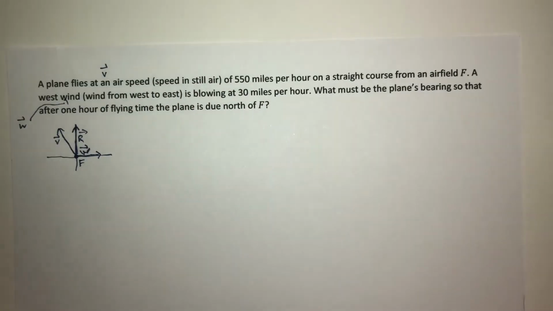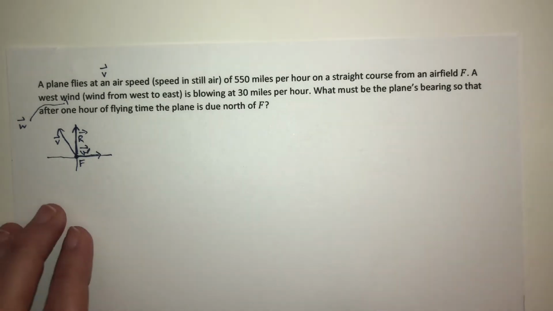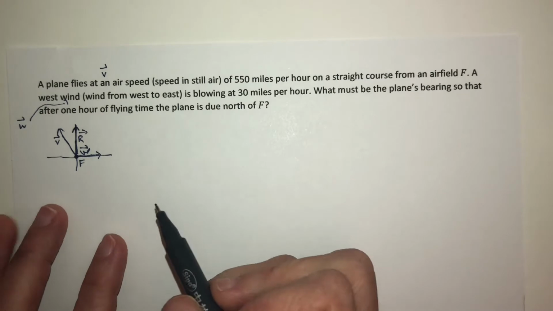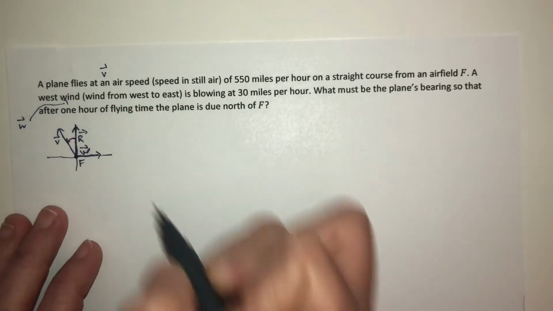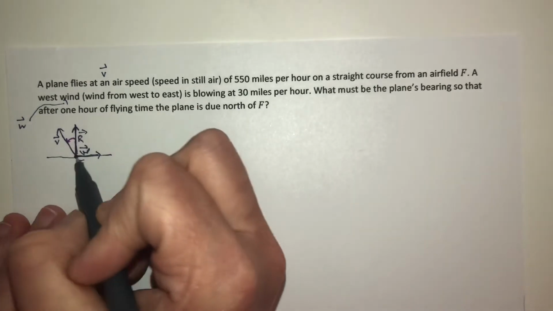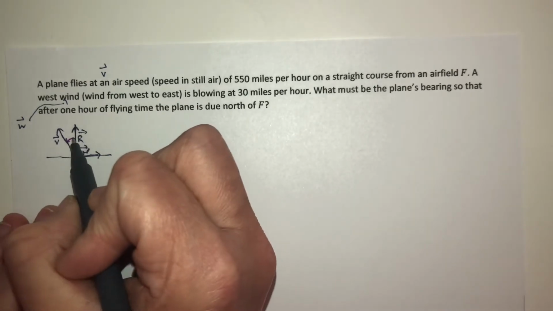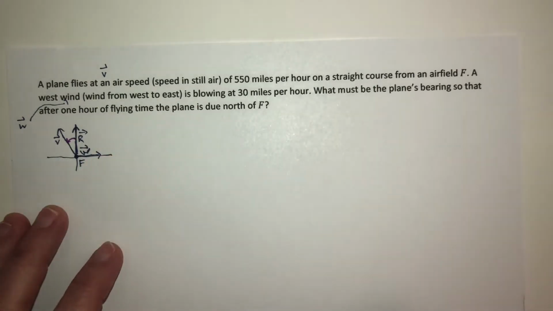Now we know that the resultant is the sum of these two, and so we need a way of talking about both of these. Notice I'm going to be looking for the bearing, and to get the bearing I'm going to need to know this angle, because our bearing is going to be north some degrees west.